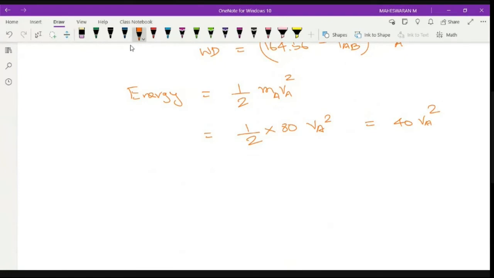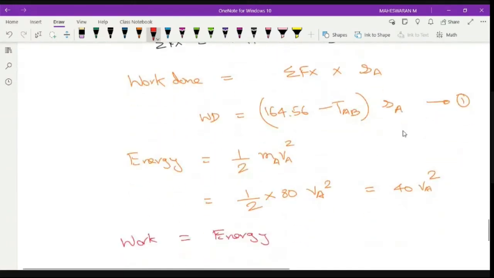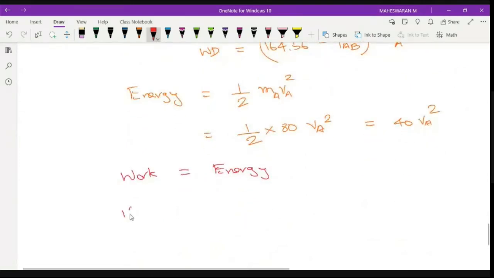According to this principle, work done is equal to energy. I can equate these two. So I'll get 164.56 minus TAB into SA is equal to 40 VA square. Let me consider this as equation 2.